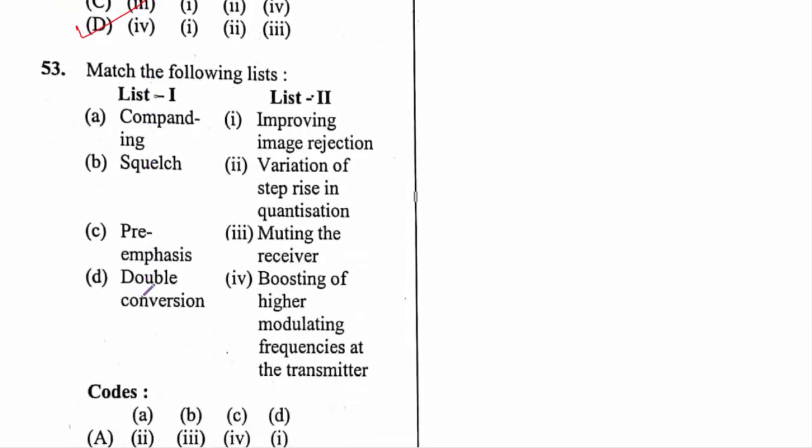53rd, match the following. First, they have given compounding, squelch circuit or muting circuit, pre-emphasis, double conversion. On list 2, they have given improving image rejection, variation of step size in quantization, muting the receiver, boosting of high modulating frequencies at the transmitter. Compounding means variation of step size in quantization.